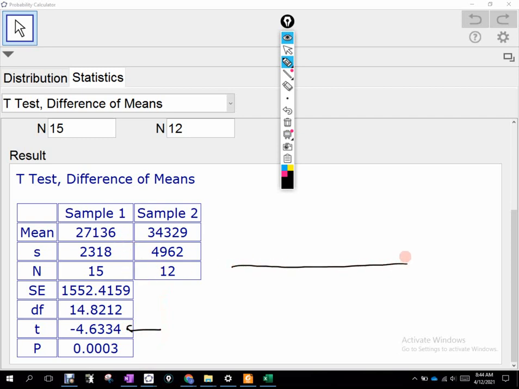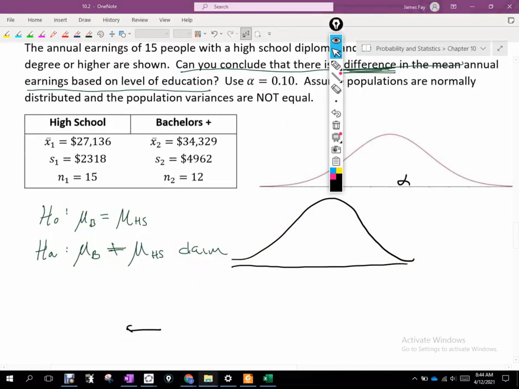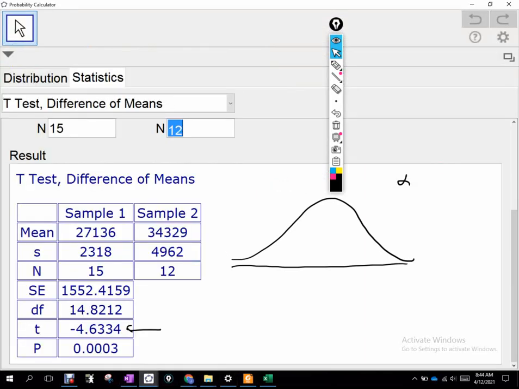So if I want to use the critical value technique, we have to use alpha, I think we said in the problem was 10%. So if alpha is 10%, we would have to figure out the key values that create our rejection regions. So this would be 5% area there, 5% area there.